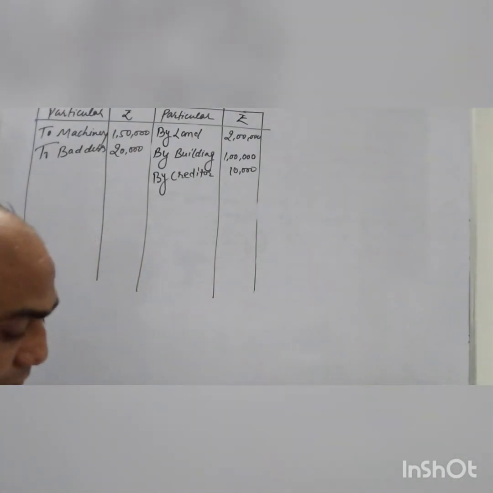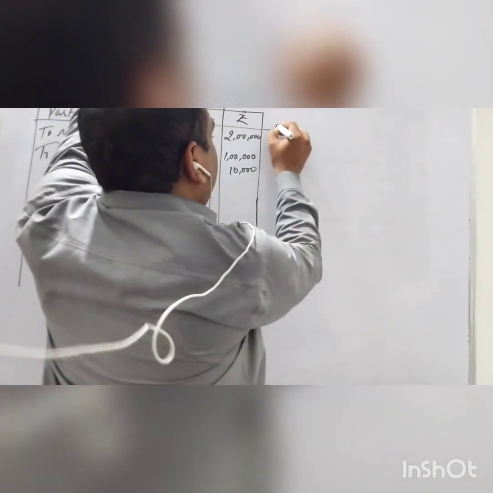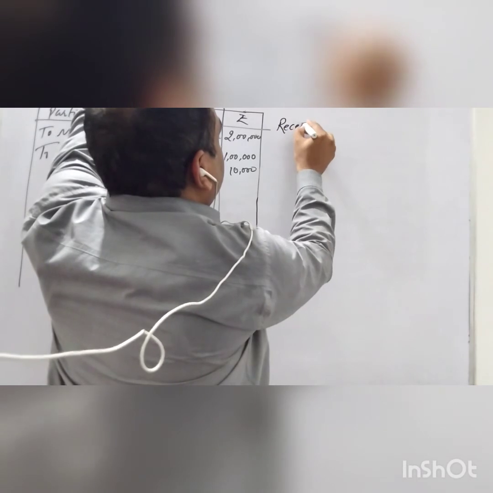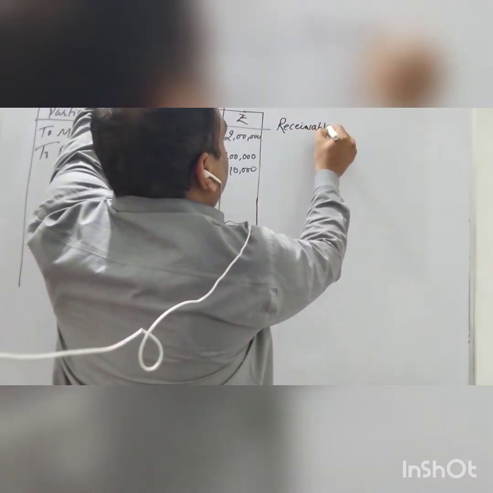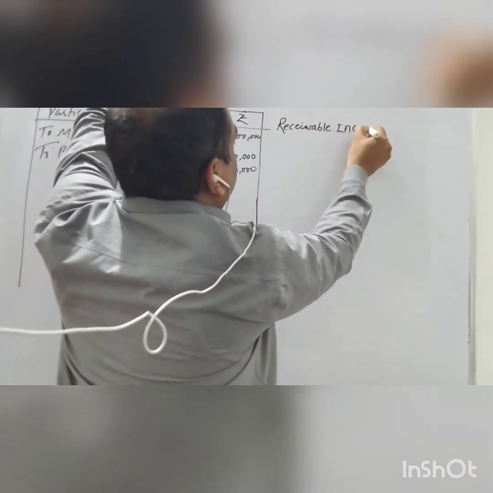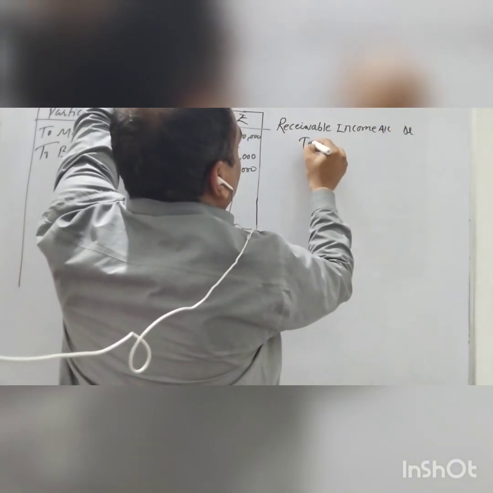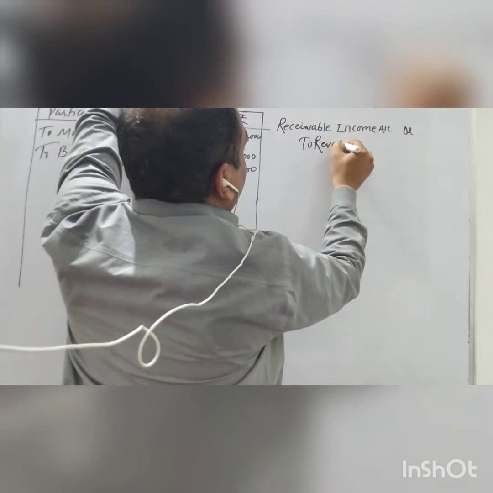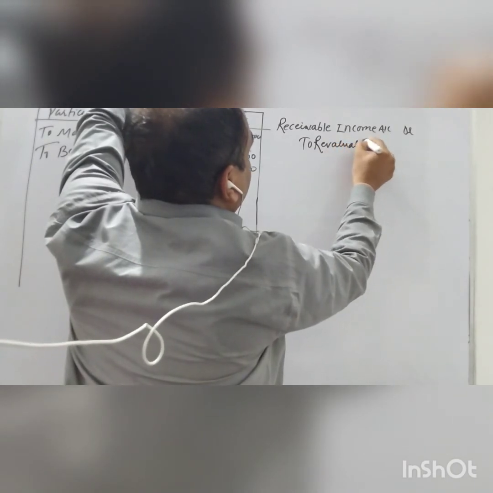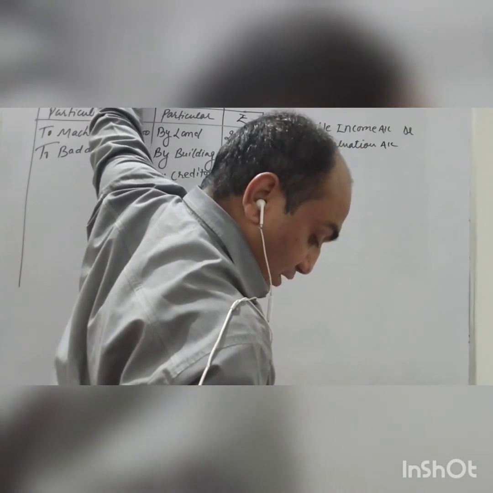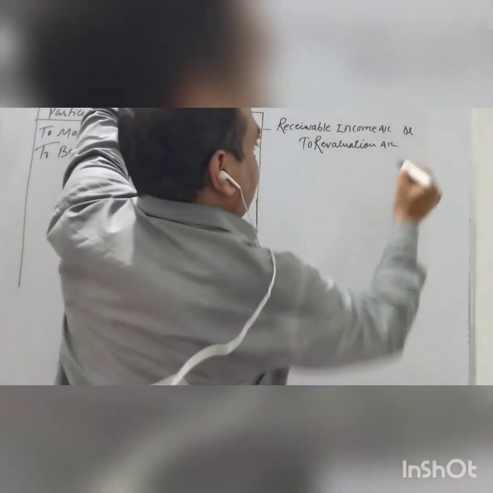Income receivable, right? So income receivable rupees 5,000. The next entry will be receivable income account debit to revaluation account. How much is this? Rupees 5,000. Okay.